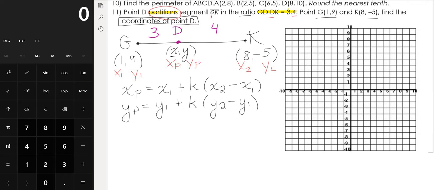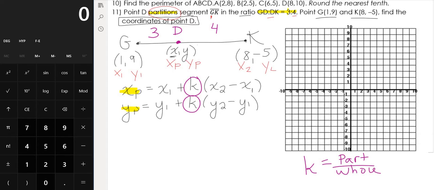In both of these equations, we're just going to be solving for XP and then solving for YP. The only other thing that we need is the K value. K is a fraction, and we talked about it in the little overview. K is always the part over the whole.